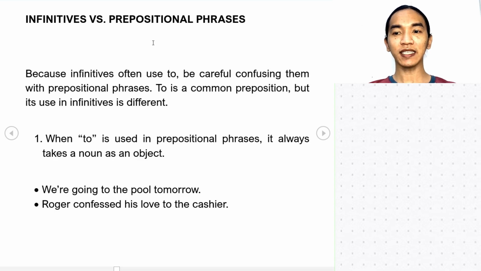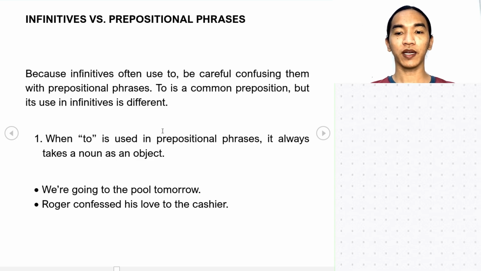To is a common preposition, but its use in infinitives is different. First, when to is used in prepositional phrases, it always takes a noun as an object. So there is a noun as an object to know that this is a prepositional phrase.